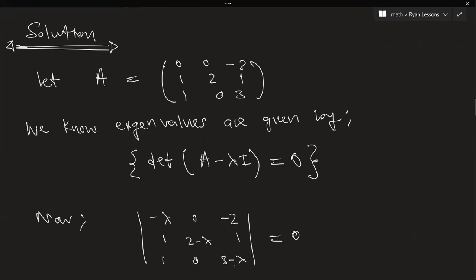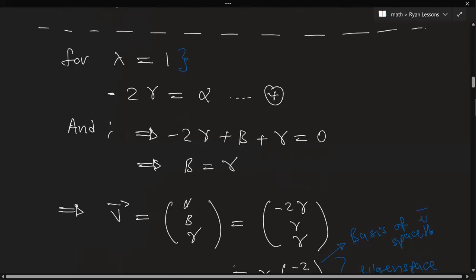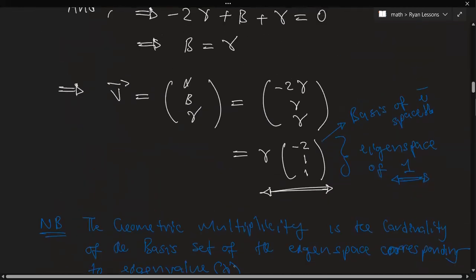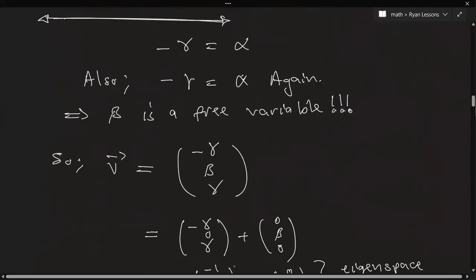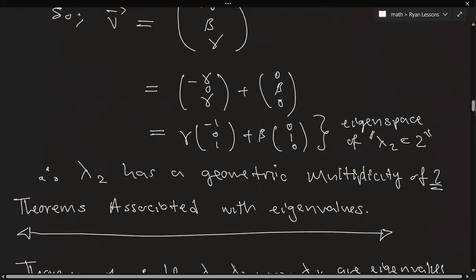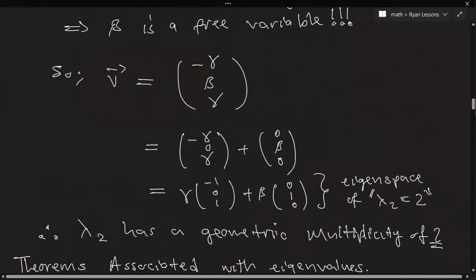Let's check. We found that lambda 1 has an algebraic multiplicity of 1, and lambda 2 has an algebraic multiplicity of 2. So do you see that the total multiplicity adds up to the number of rows of the matrix or the number of columns?